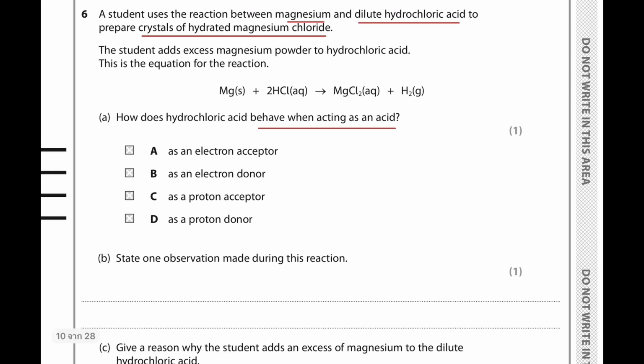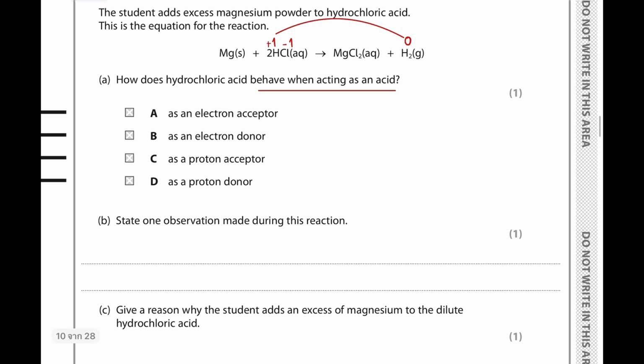Okay, so let us see the oxidation numbers. The oxidation number of chloride is -1, whereas the oxidation number of hydrogen will be +1 in hydrochloric acid. On the right hand side, the oxidation number of hydrogen gas is 0. So the oxidation number decreases, right? So that means it is an electron acceptor.